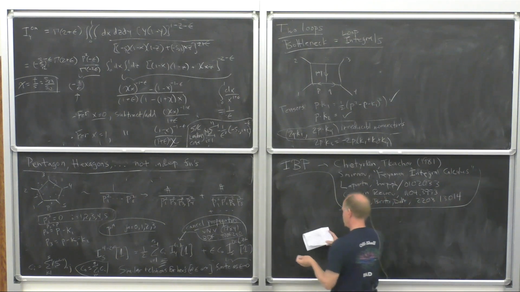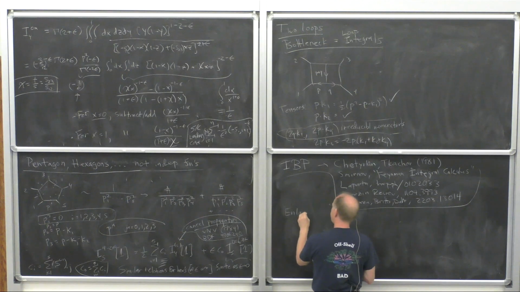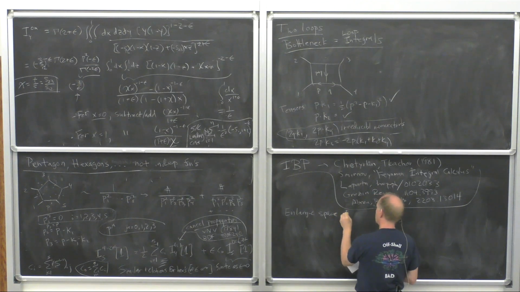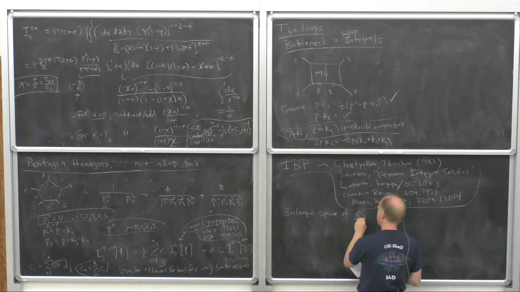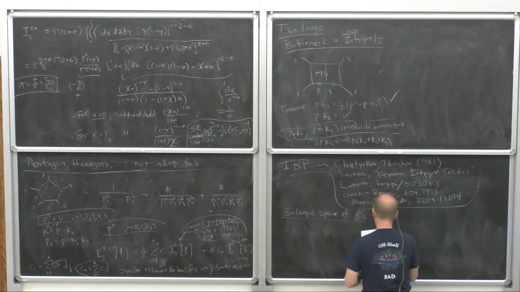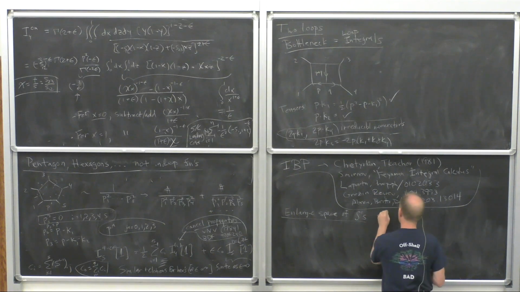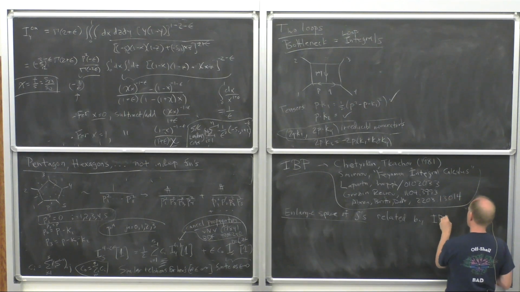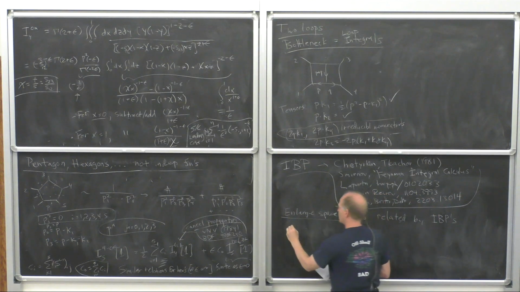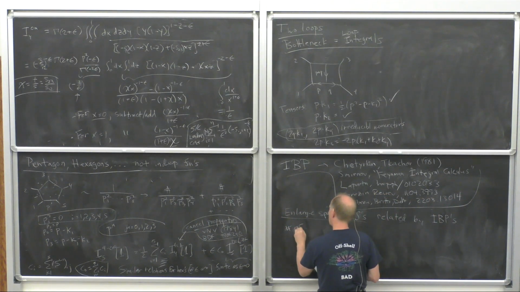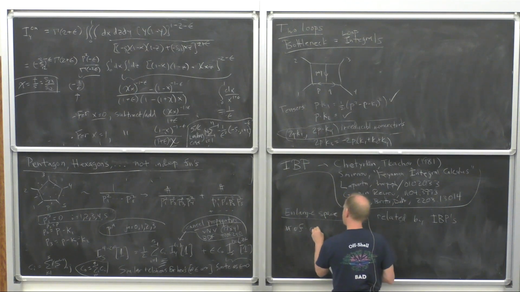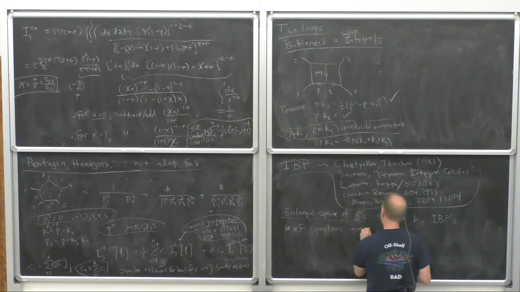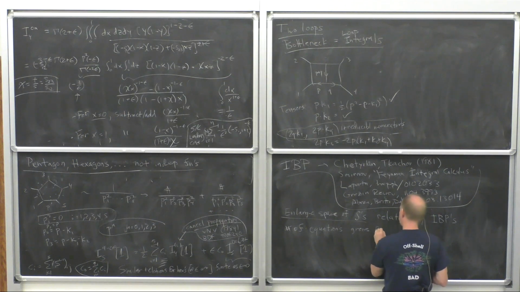So the basic idea is to enlarge the space of Feynman integrals that are related to each other by IBP equations, and the number of equations as we enlarge the space grows generally faster than the number of unknowns.